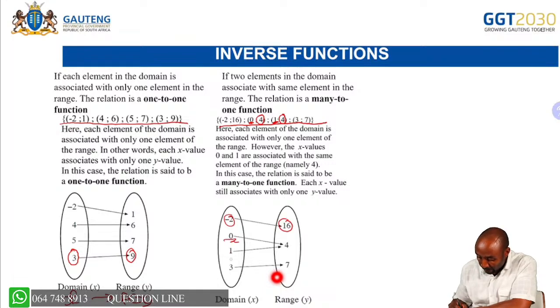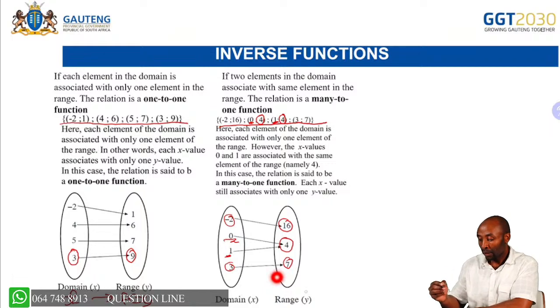But here is where we have two x values that are associated to only one y value. Hence, it's called a many-to-one. 3 is only associated with 7 there. So this is a many-to-one, not a one-to-one.